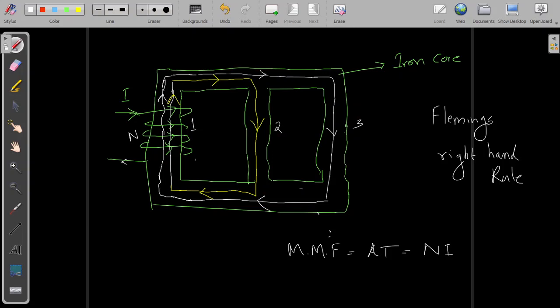So these are the two possible paths for the flow of flux lines. Now you think of these flux lines or fluxes in an electrical circuit.